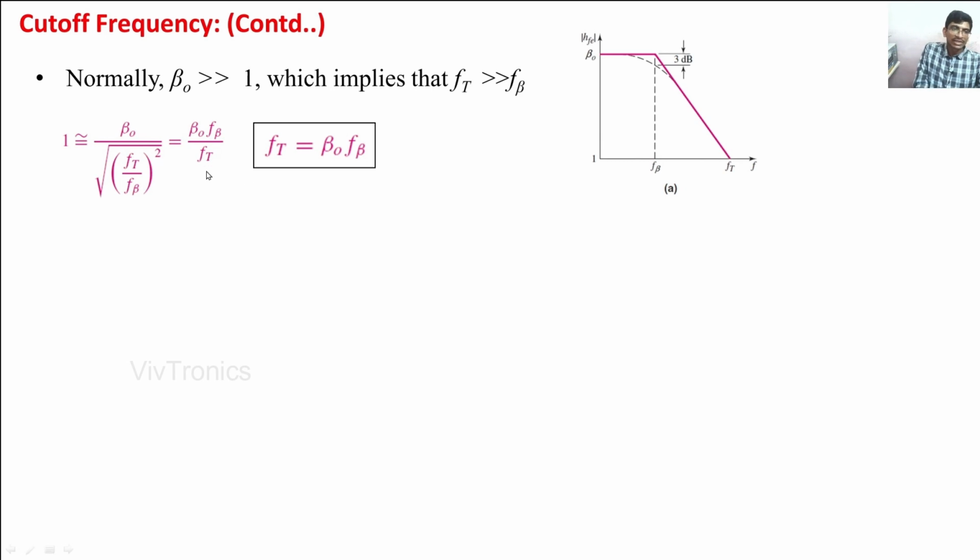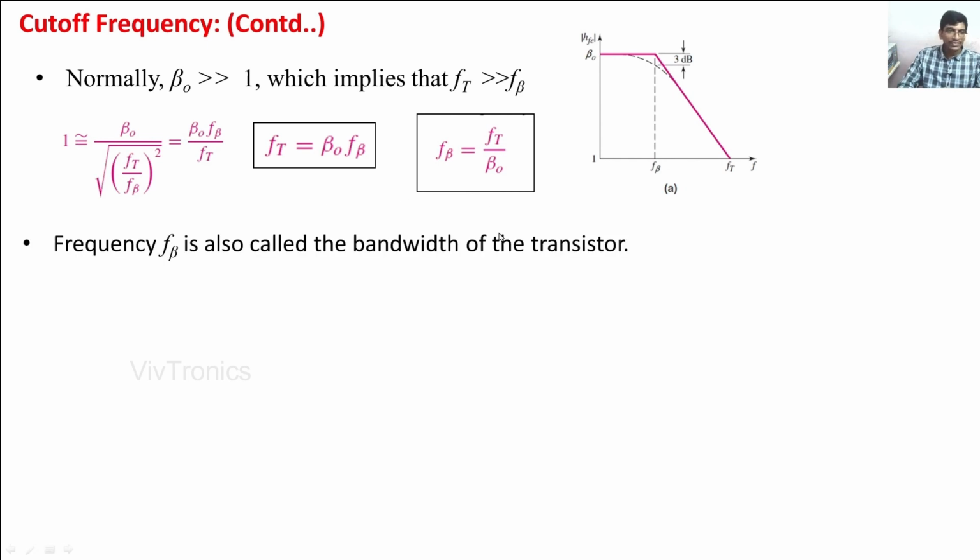Therefore from this we can write the cutoff frequency ft is equal to beta naught into f beta, and from this we can write the corner frequency f beta is equal to ft by beta naught, just rearranging the equation. These two equations are very important for doing problems.